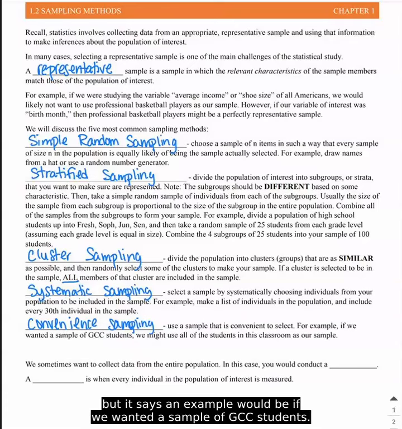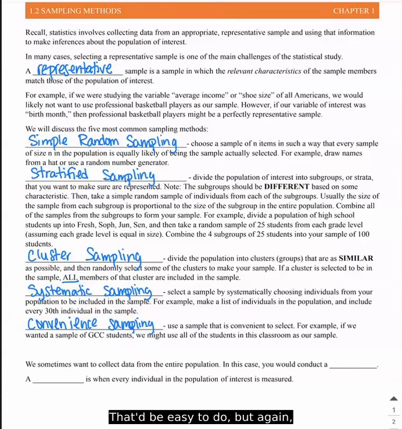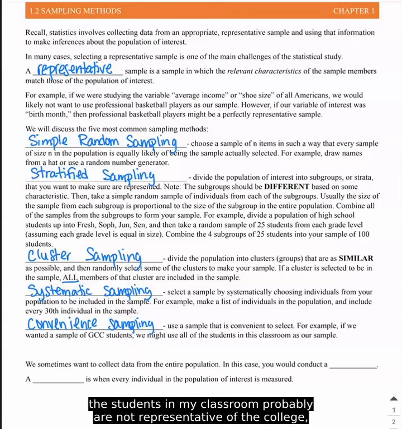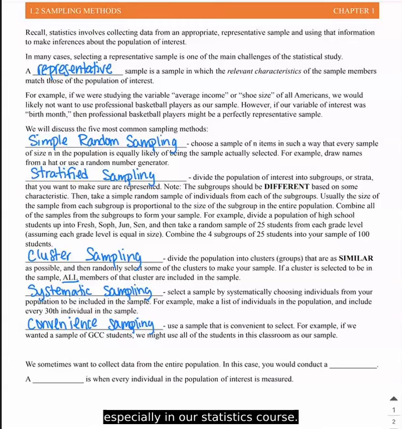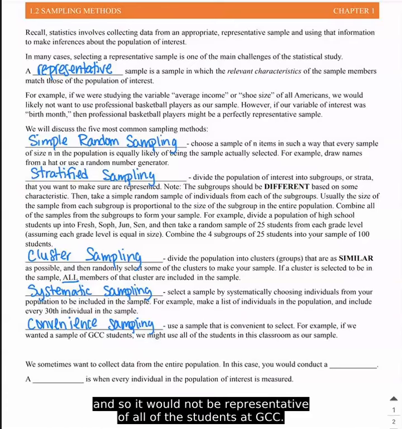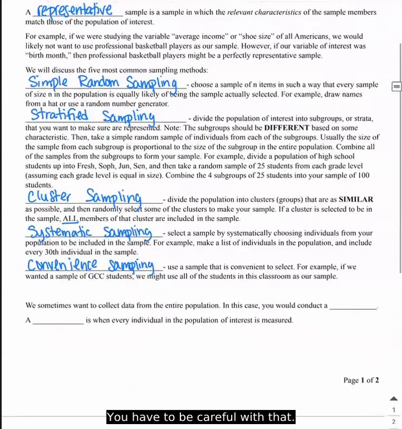An example would be if we wanted a sample of GCC students, I could say, well, I'm just going to use the students in my classroom, right? That'd be easy to do. But again, the students in my classroom probably are not representative of the college, especially in our statistics course. There are specific majors that need to take that course, so it would not be representative of all of the students at GCC. So we do have to be careful with that.